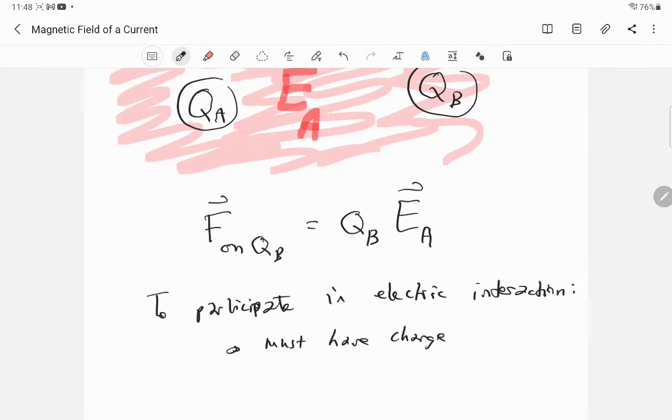That's why neutrons, which are neutrally charged, have no field, and other electric fields can't affect them. But neutrons do have mass, so neutrons can participate in gravitational interaction. But to participate in an electrical interaction, you must have charge.